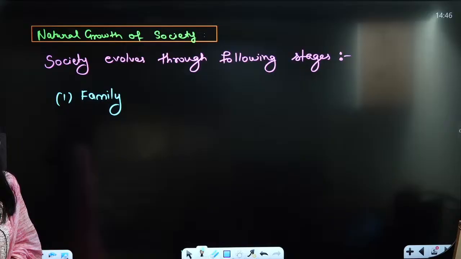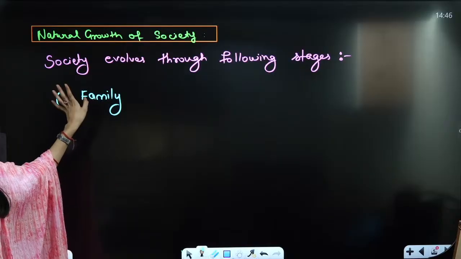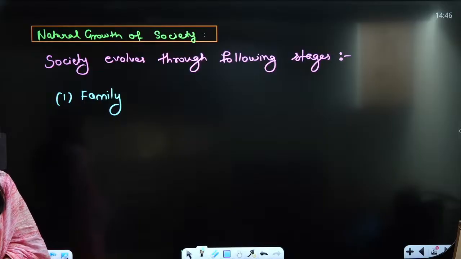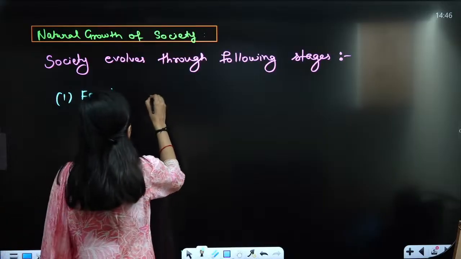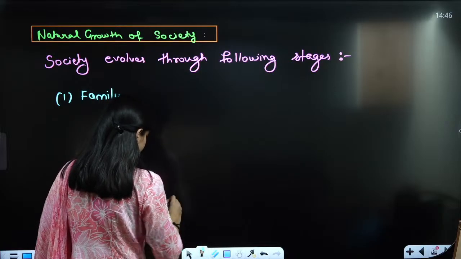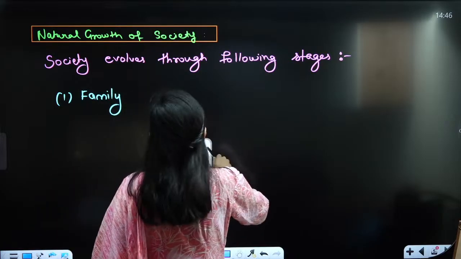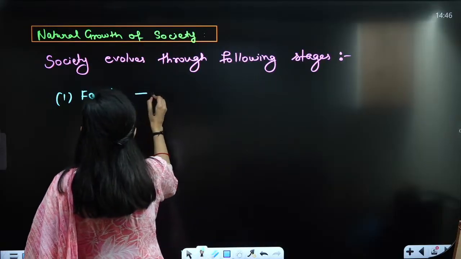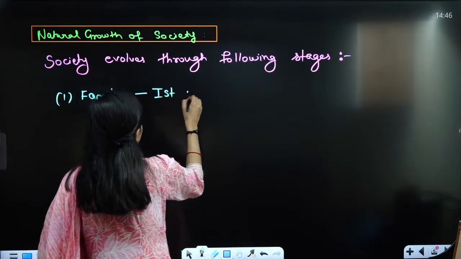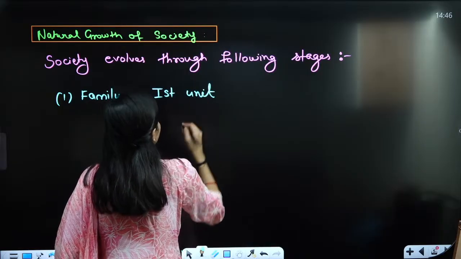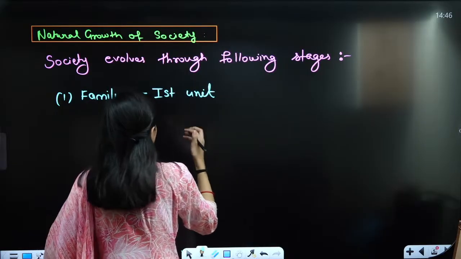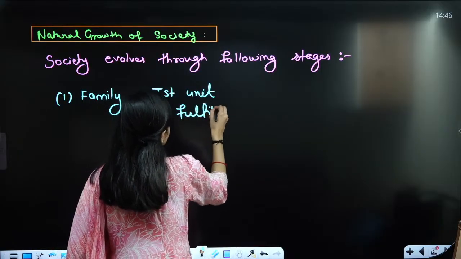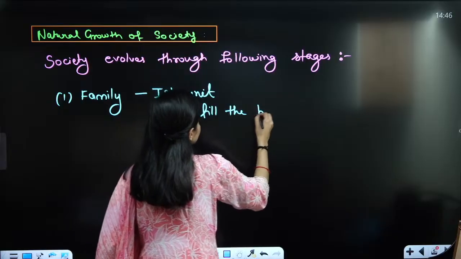The first stage that would be considered would be only what? The family. We consider it as the first unit, and why are we developing the family? To fulfill the basic needs.